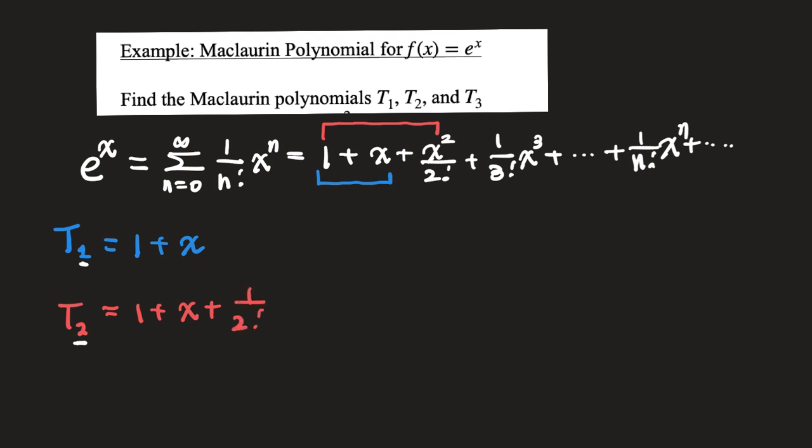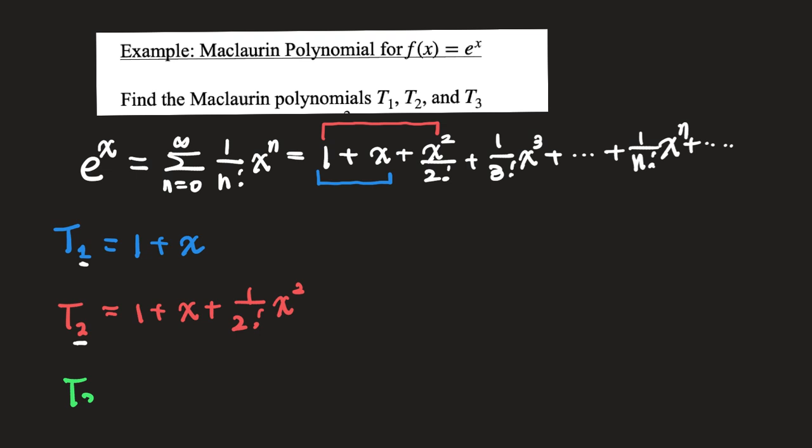So we want to find T1. T1 means the degree 1 polynomial, so you take the constant term up to degree 1. That's going to be 1 plus x. Let's go to T2, meaning degree 2. You take from the constant up to degree 2. That's 1 plus x plus 1 over 2 factorial x squared.